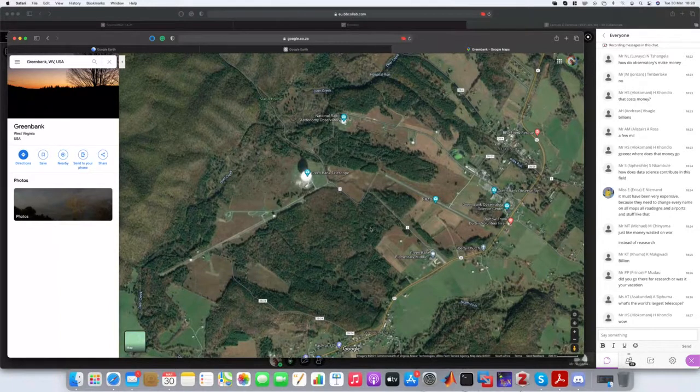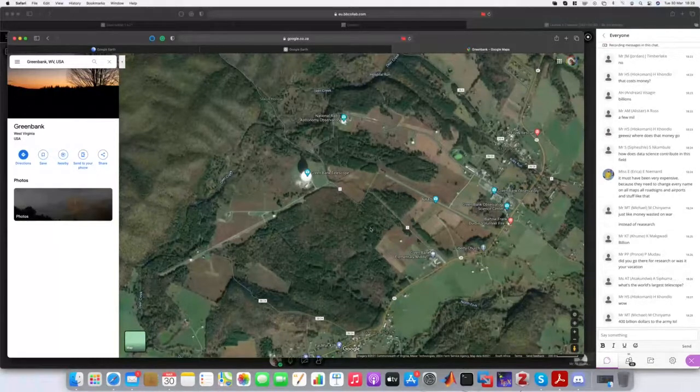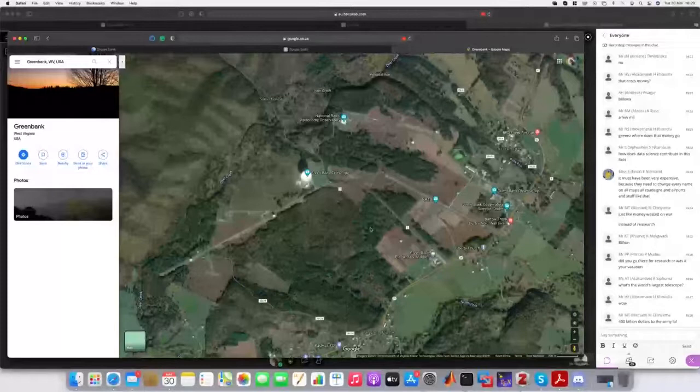So another question, what's the world's largest telescope? The largest telescope in the world currently is FAST, that's in China. That is 500 meters in diameter. Not $400 billion to the army, $740 billion.